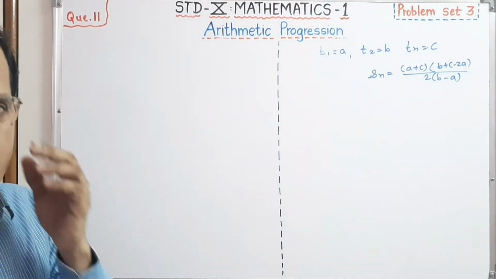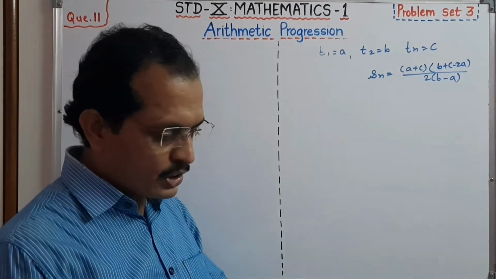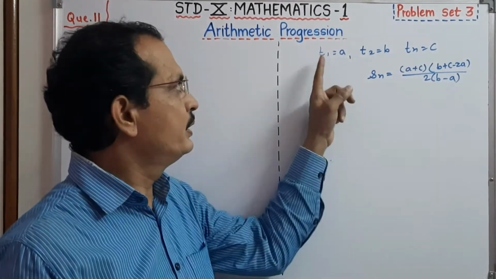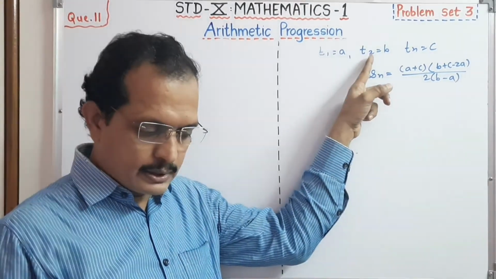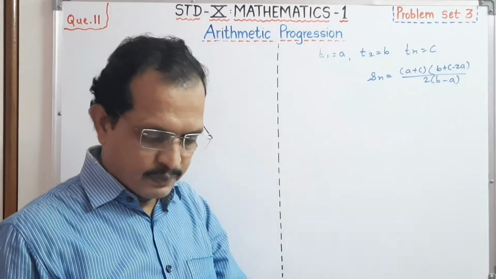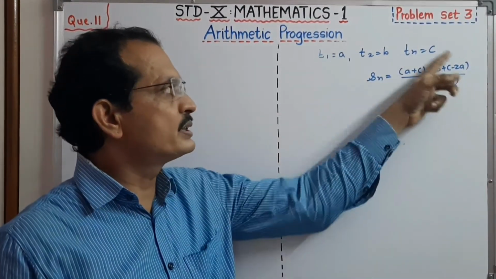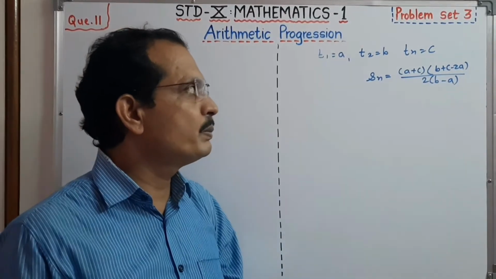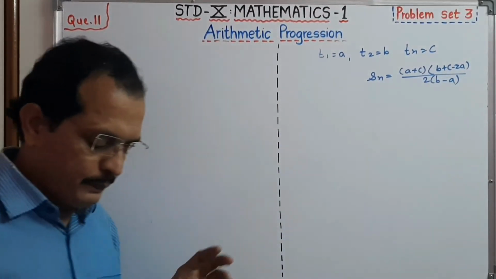See dear student, I read the question again. If the first term of an AP is a, T1 is a, second term is b, and the last term, that is Tn, is equal to c, then show that the sum of all these numbers is (a plus c) into (b plus c minus 2a) upon 2 into (b minus a).